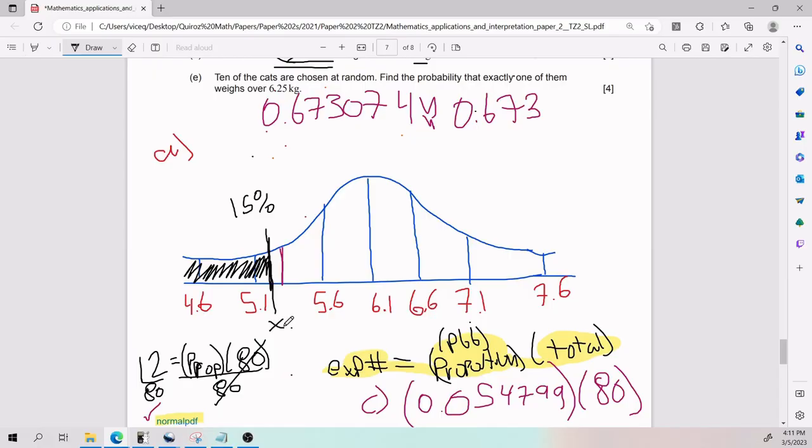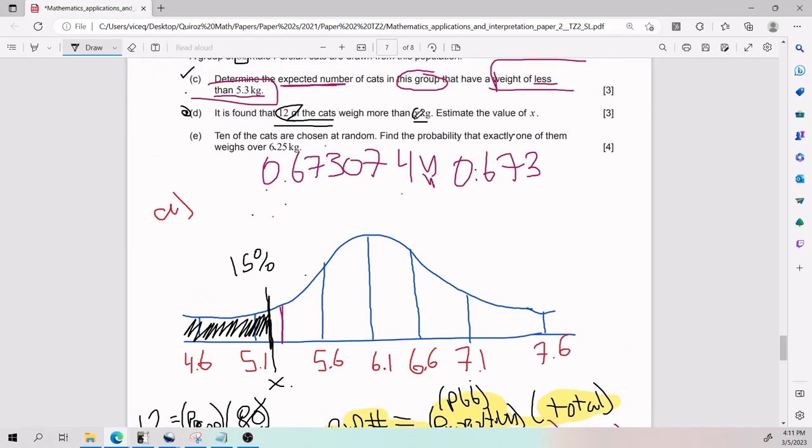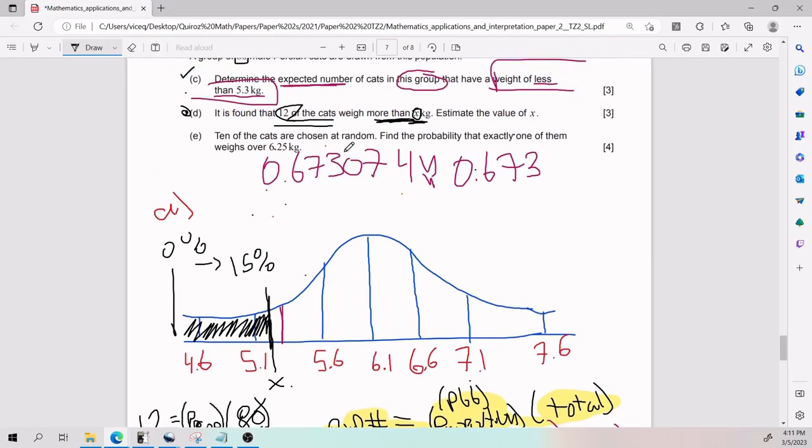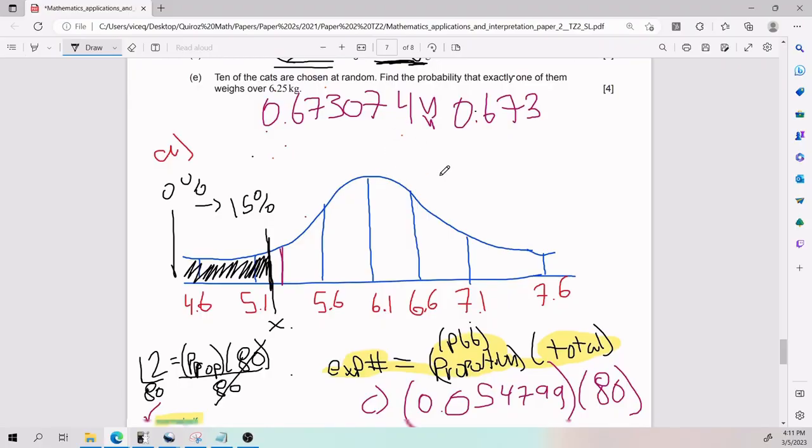¿Vale? Now it's not exactly the value of X that I'm looking for here, because this value of X is for any of the cats that weigh more than X kilograms. And this 50% again goes from left to right. So from 0% to 50%. ¿Vale? So essentially what I need to find is the top 15%. What I just found is the lower 15%. Interesting. So I actually have to find, say, from here to here.